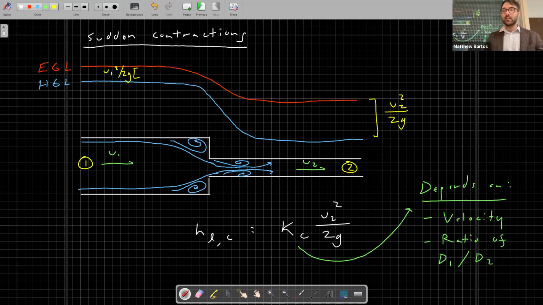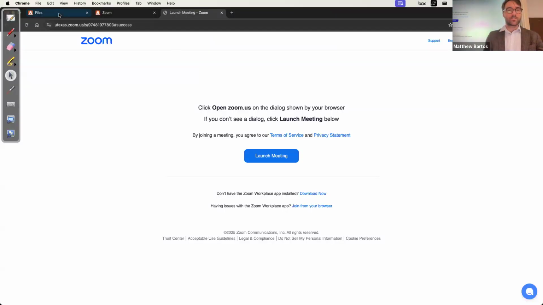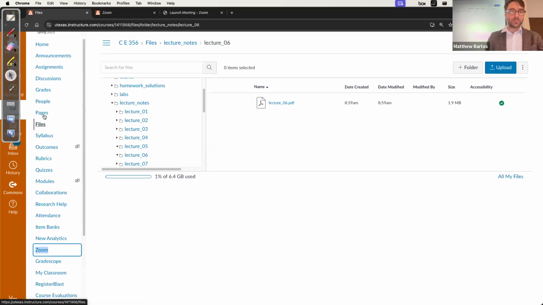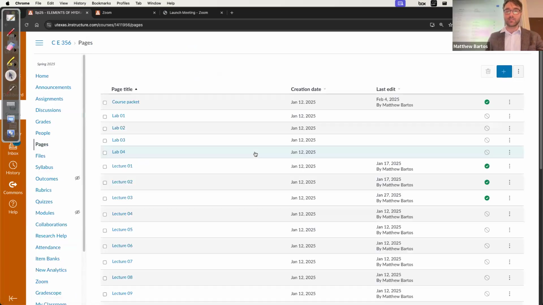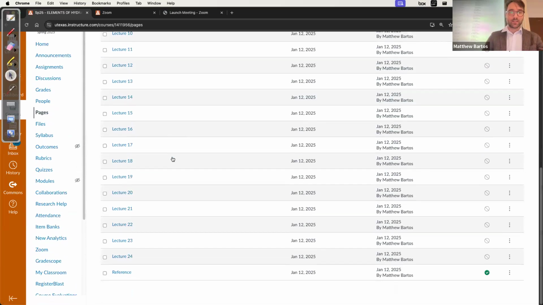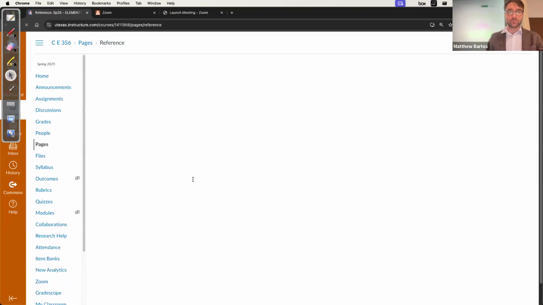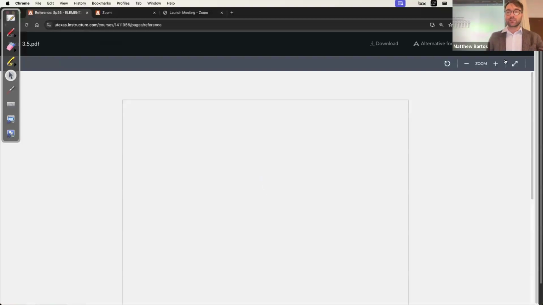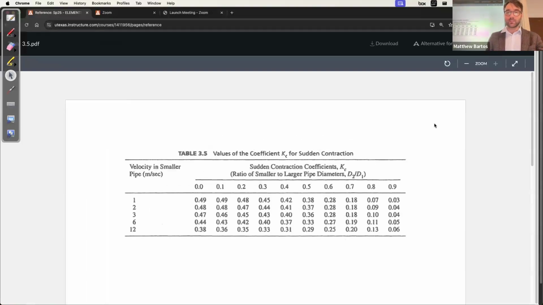Okay, so this is something you encountered in fluid mechanics. We can go to our tables just to get a sense of what these contraction loss coefficients will look like. So let's go here, table 3.5. These are loss coefficients due to sudden contractions.